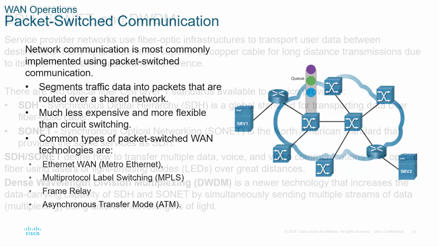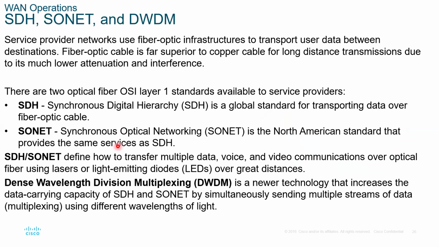All right, SDH and SONET, DWDM. All these are standards which are used in fiber communication. I think SDH and SONET are the same. The only difference is one is a North America standard, and the other one is used globally, SDH.